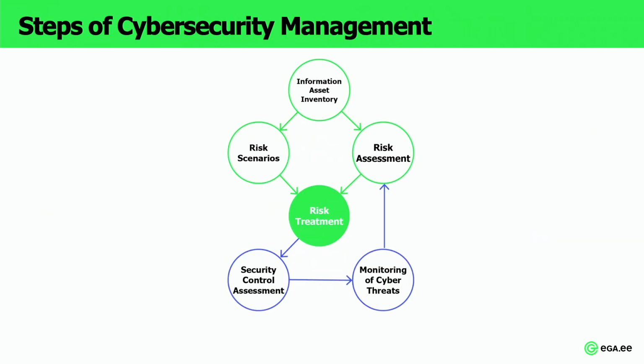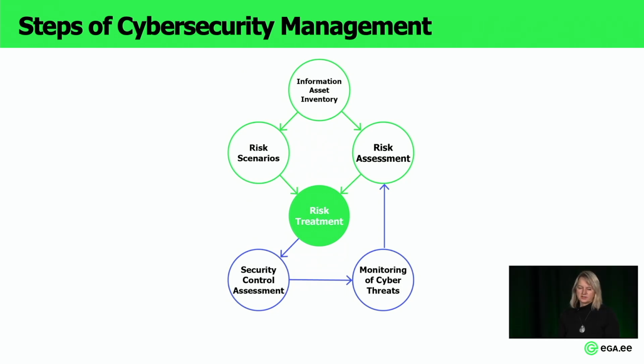So let's have a closer look. What are the parts of that manual? There are 6 different steps or actions you should take to increase the cybersecurity of your organization.